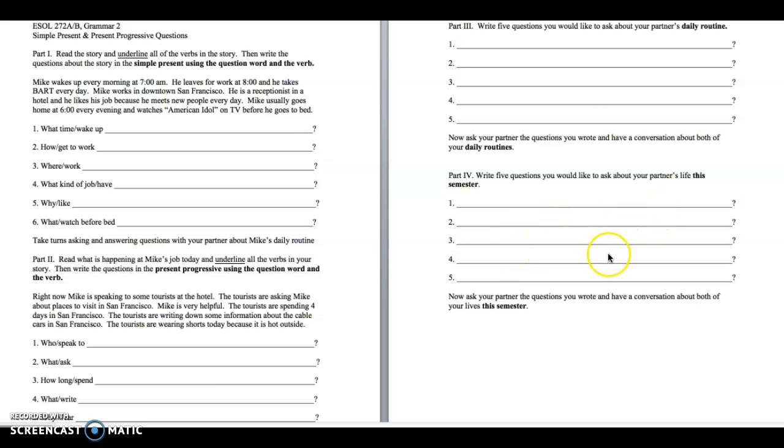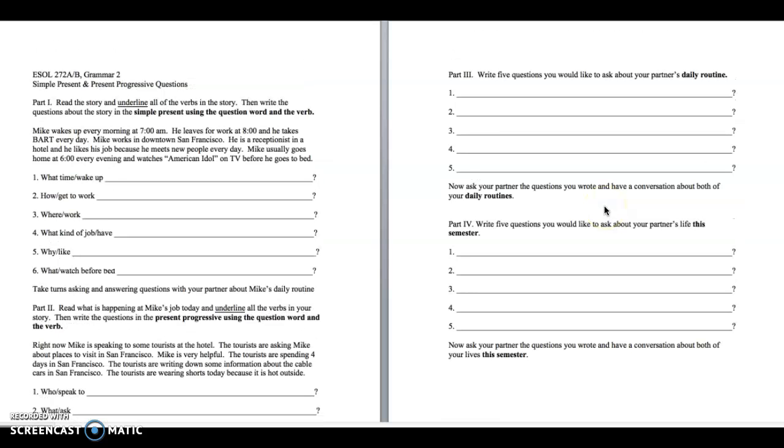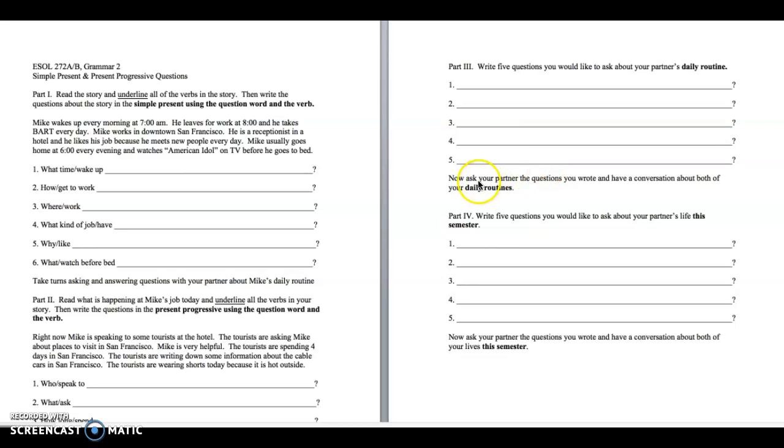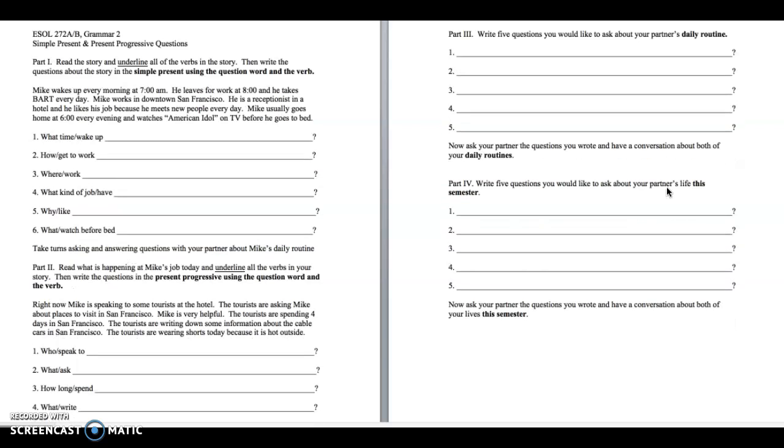So then they come back with their questions written the next day, and they ask their partners about their daily routines, answering in simple present, of course, and then they ask their questions about their activities that are happening this semester.